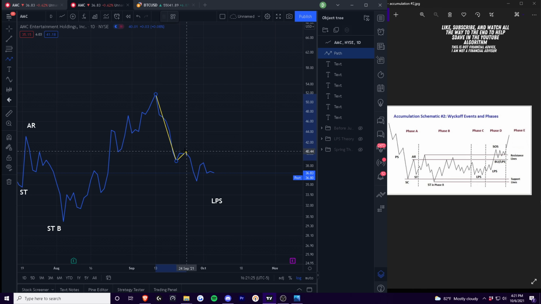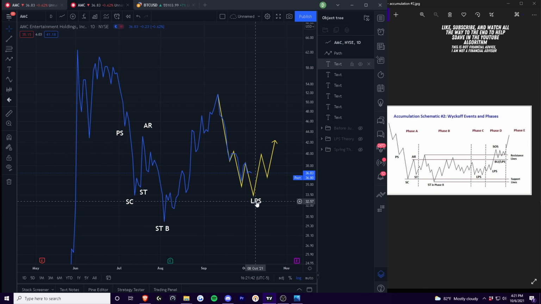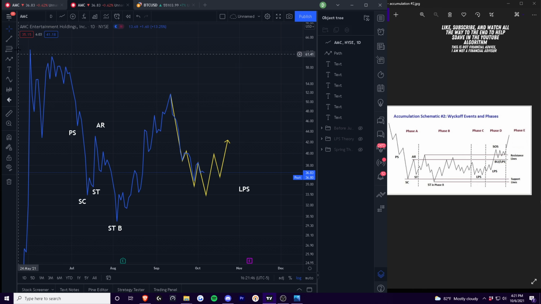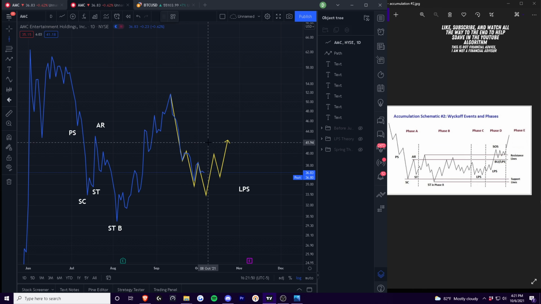You have a move down, slight move up, a move down, a slight move up, another move down, and then you have a move up that kind of double tops here, and then another move up here. So it's almost like an inverse head and shoulders. And then that is where your LPS starts for that phase C. Hopefully this is clear enough for you guys to tell what I'm doing here.